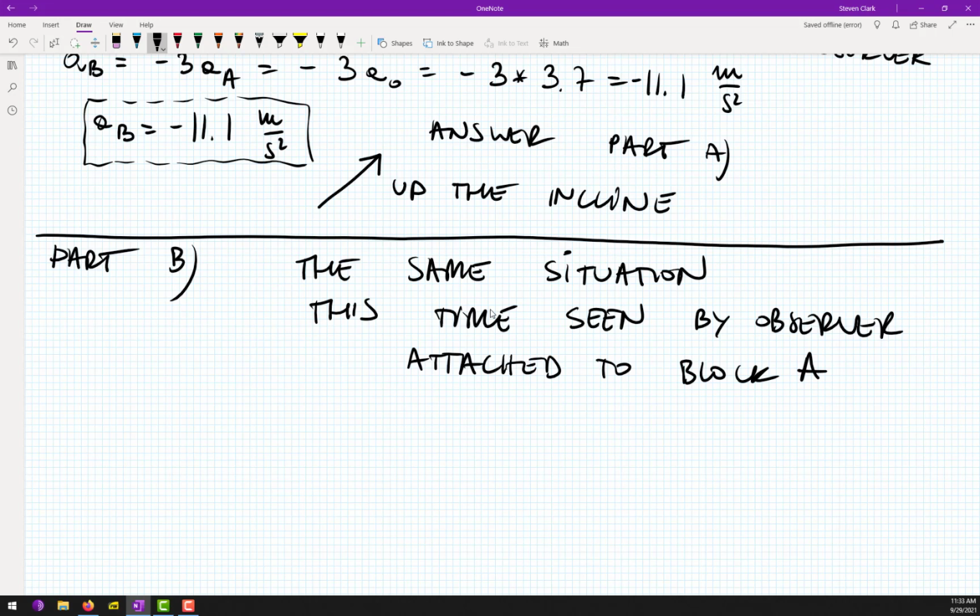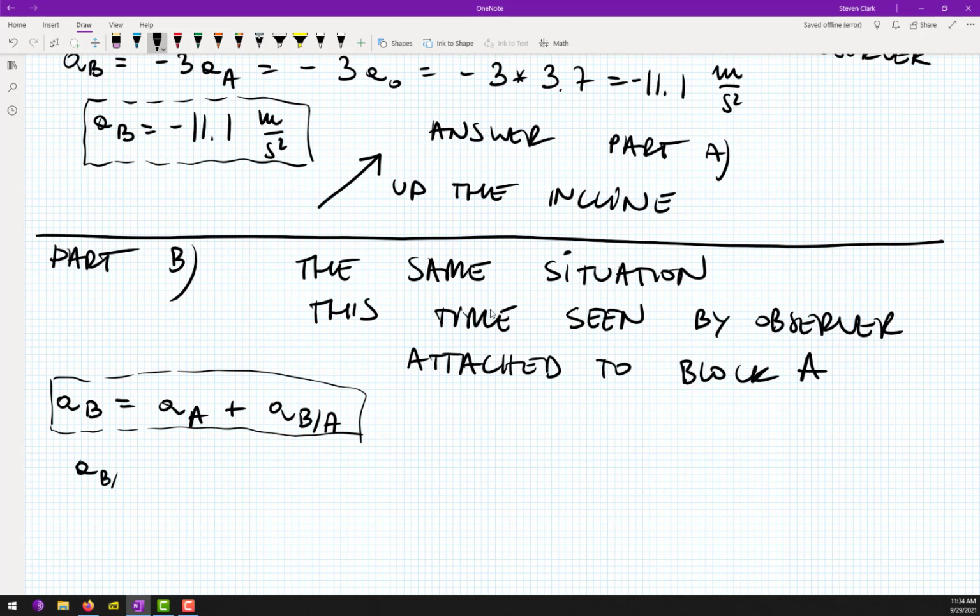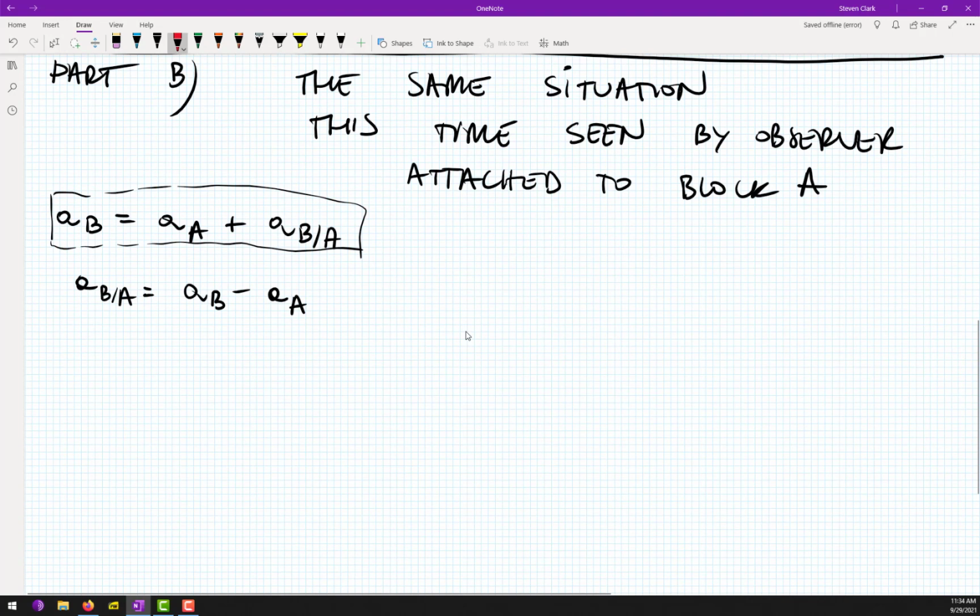I think that happened yesterday in the lecture, yes? So a_B is equal to a_A plus a_B seen from A. This is yesterday's lecture. And a_B/A is basically a_B minus a_A, and this is our a relative.